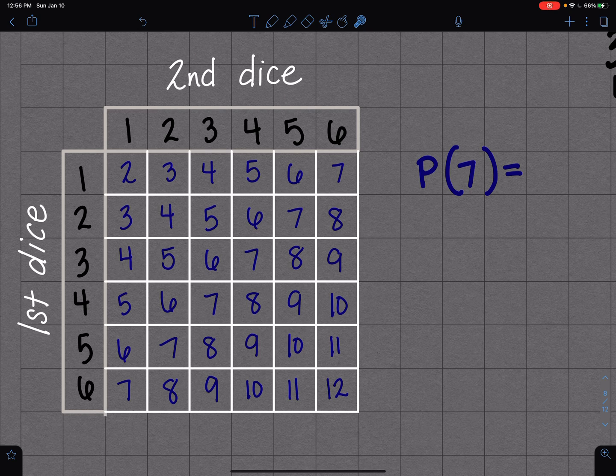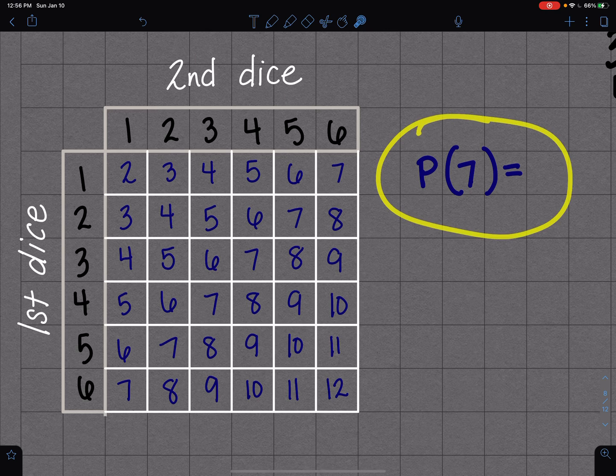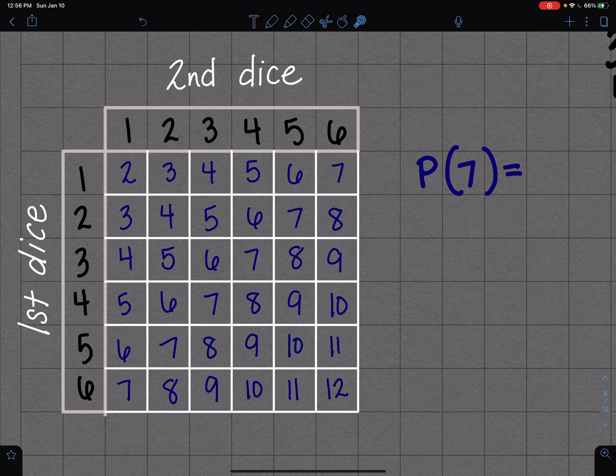So you could have a 1 and a 1, and you could get a sum of 2. You could have a 2 and a 2 and get a 4. Or you could have any of these random combinations, and they're random to the best of our knowledge, right? So what is the probability of a sum of 7? Well, once you make a table like this, it's a little bit easier because you can see all the different ways to get 7, which is basically what I wrote out before.